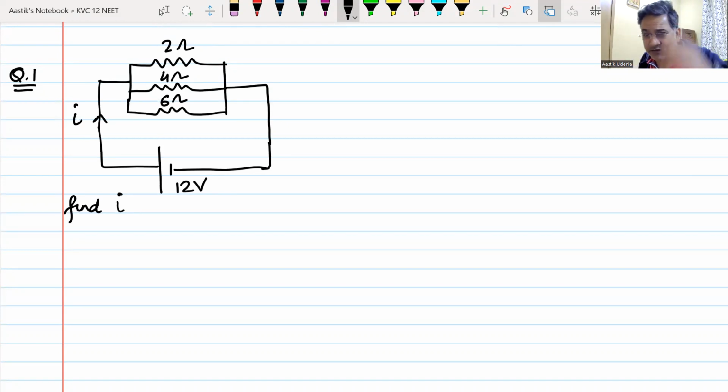If you add up all these currents, you will get the total current, the voltage drop across each resistance, and the power consumed in each resistance. Also, you have to tell me the total power consumed by this. You should also tell me what is the equivalent resistance of this system.